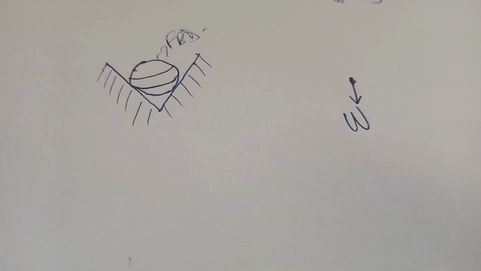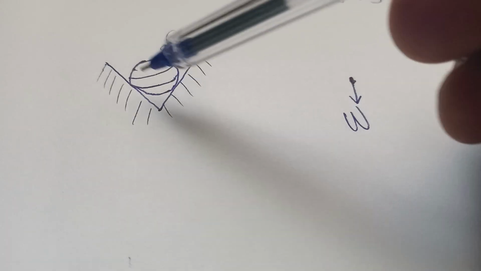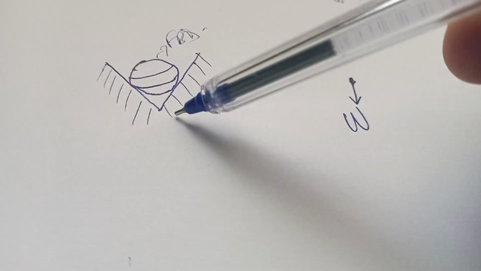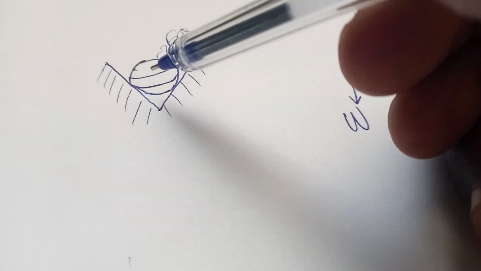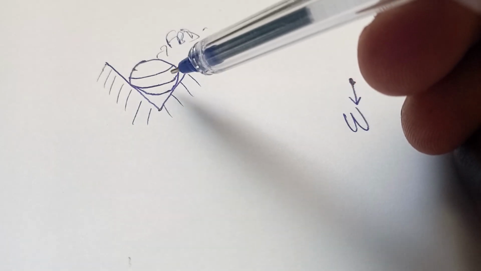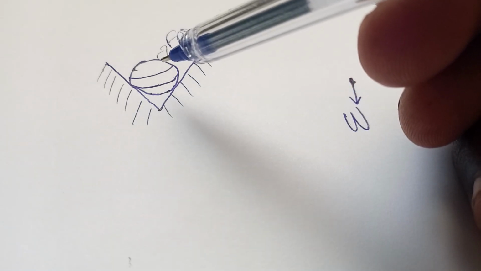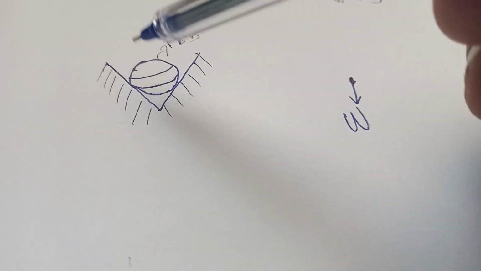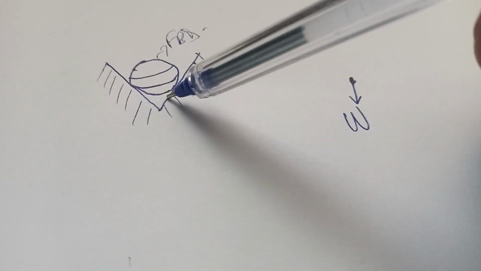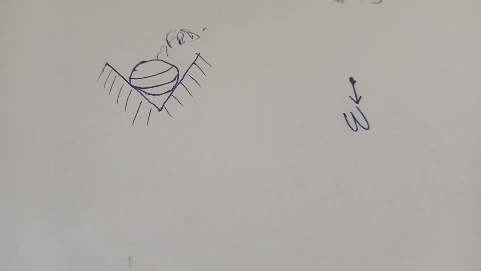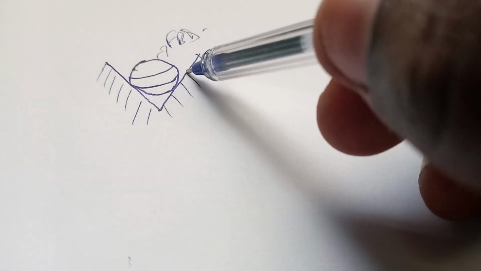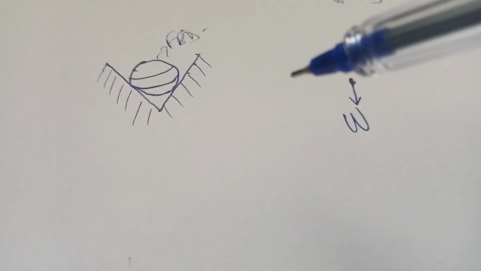Now you see, this cylinder is attached to this surface and to this surface here. So what does it mean? That means there is a normal reaction force between the cylinder and the two inclined planes, because this cylinder is in contact with this surface here. If they're in contact, it's applying an action force, whereby this surface gives a reaction force.